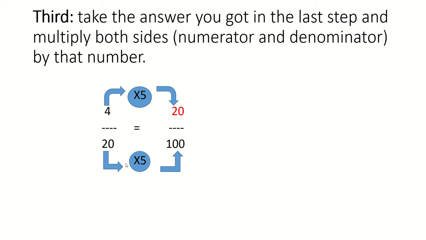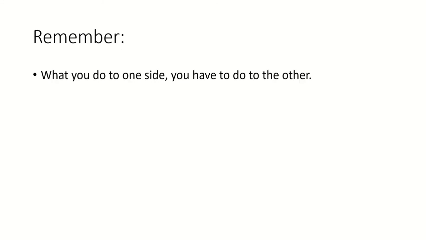So what we do to the bottom number, we have to do to the top number. So 4 times 5 equals what? It gives us 20, right? So our new ratio is 20/100. Remember, what you do to one side, you have to do to the other.